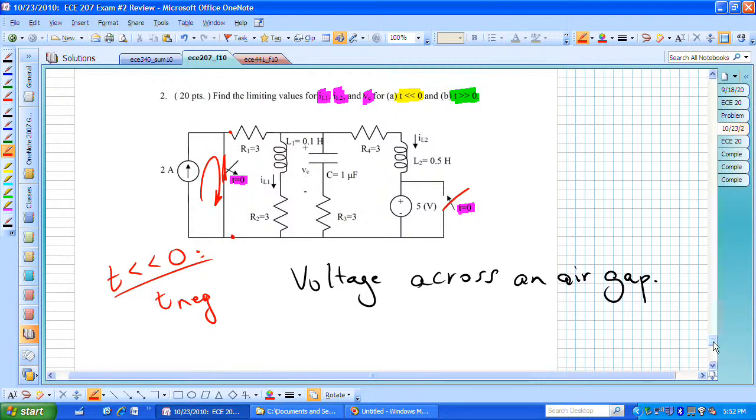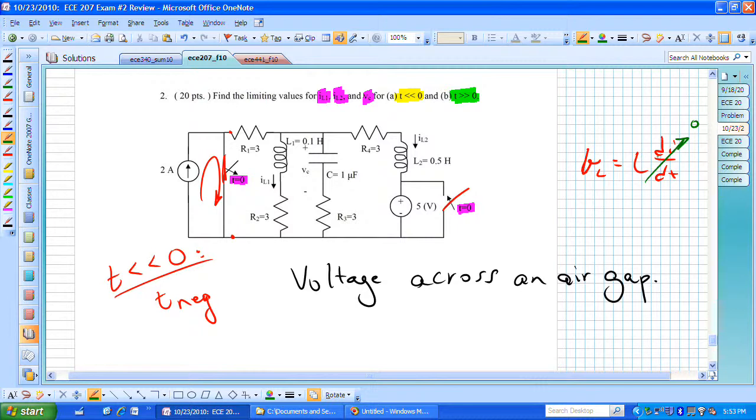And if we redraw this particular circuit, for the inductors in a DC steady state condition, ELI says that V sub L is equal to L di dt. With constant sources applied to this circuit, this particular current is going to be constant.